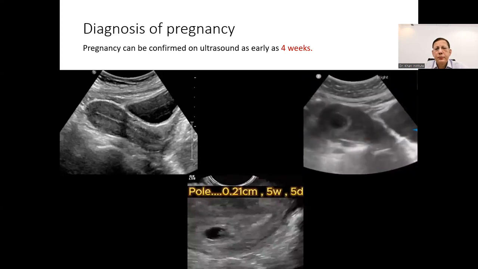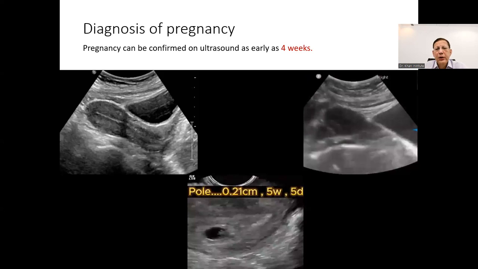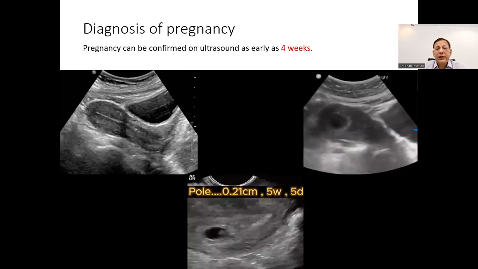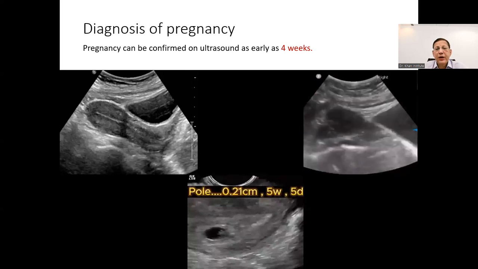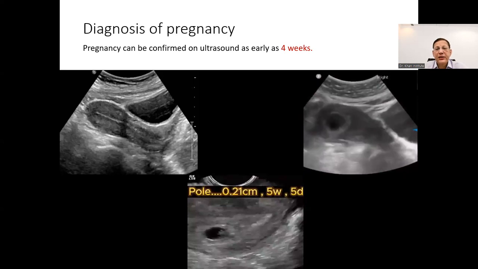Also, if sent to an external laboratory, then it will take several days. So this is not the only difference or advantage between beta HCG and ultrasound imaging for confirmation of pregnancy.